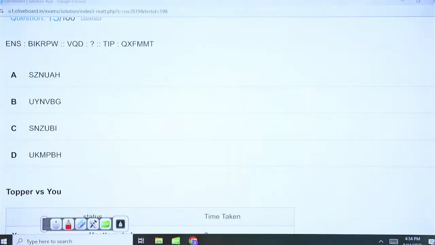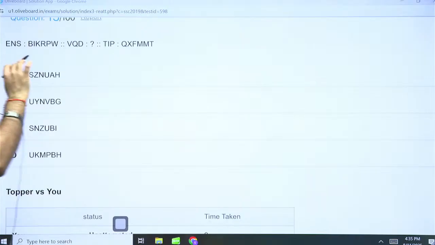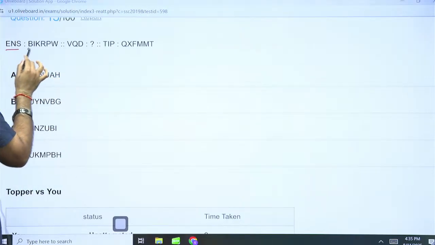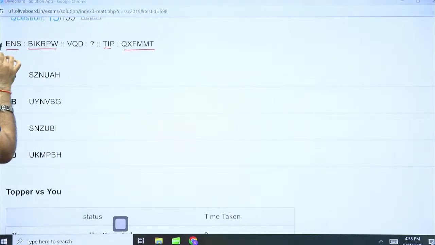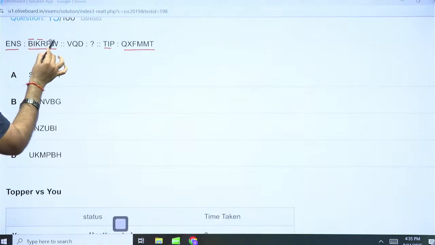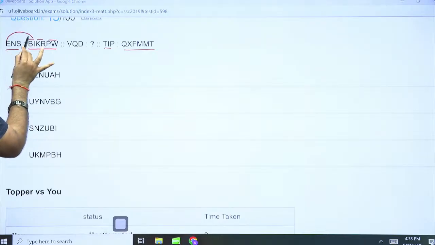Cool, cool, cool. Very good. What about this one now? Again, if we see here, 3 letters, 6 letters, 3 letters, 6 letters. So again, if I see B, I, K, R, P, W, this is 5, this is 2 and 9.